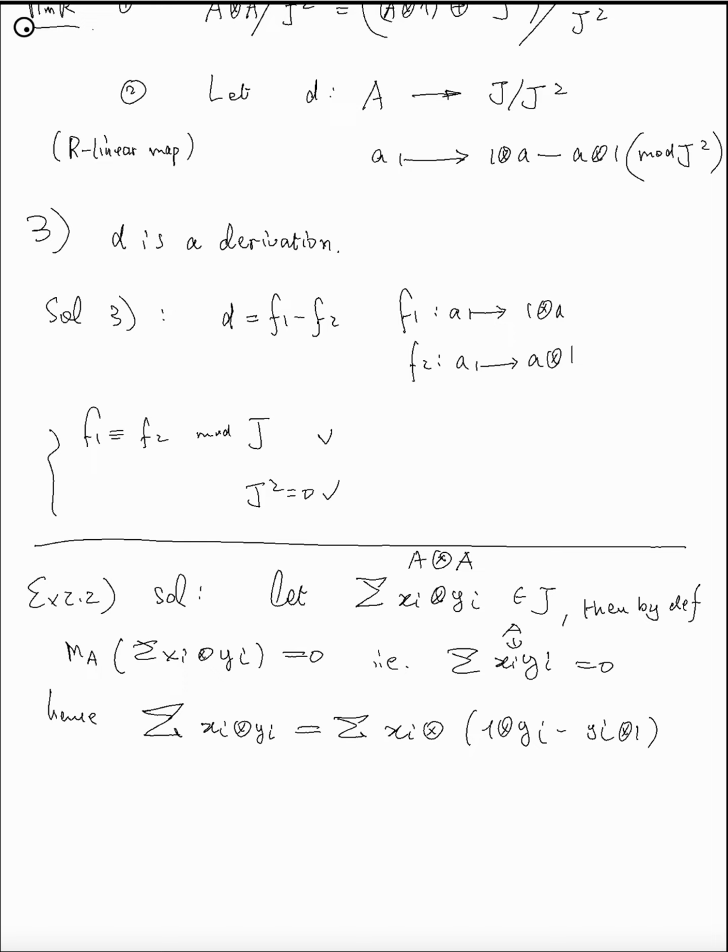Because it's not a tensor multiplication, so this is in A. So this gives you a module structure. A tensor A is defined to have a module structure through the multiplication of the first variable. So this also proves this is true because when you multiply, this gives you this. This is the first term. The second term gives you, right?